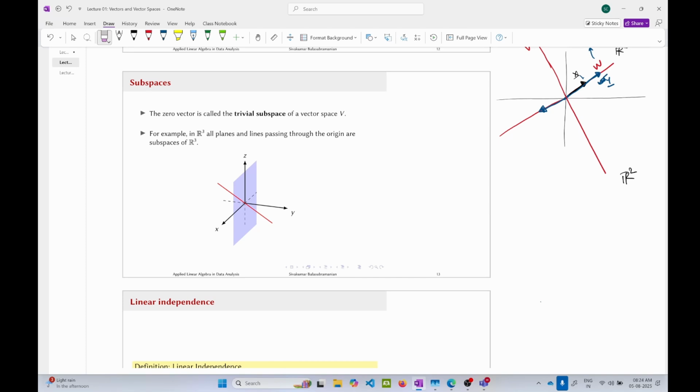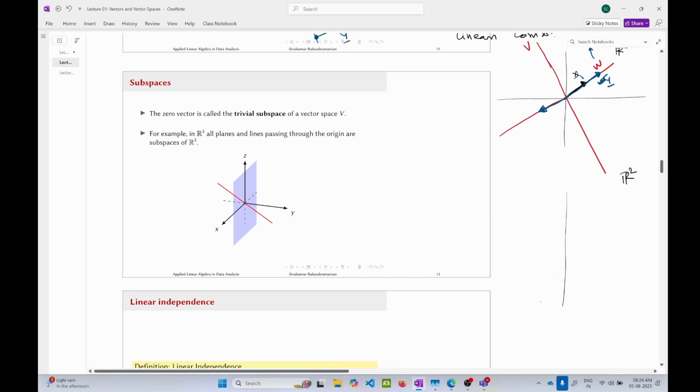Now we look at what is so special about this scaling and vector addition business, or this linear combination business. Geometrically, I know that straight lines passing through the origin are subspaces of R2.